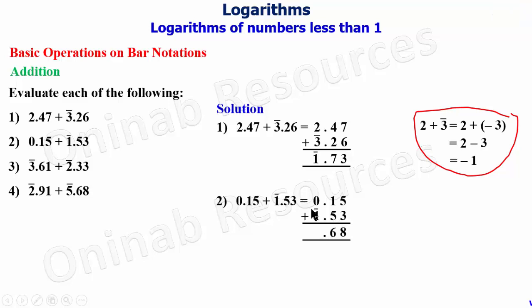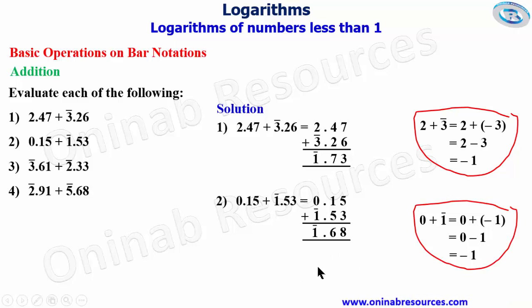You place our point. Then we have 0 plus bar 1. That's going to give us 0 plus negative 1, and 0 plus negative 1 is 0 minus 1, and that gives negative 1. Again, we write it as bar 1. So we are done with problem 2.